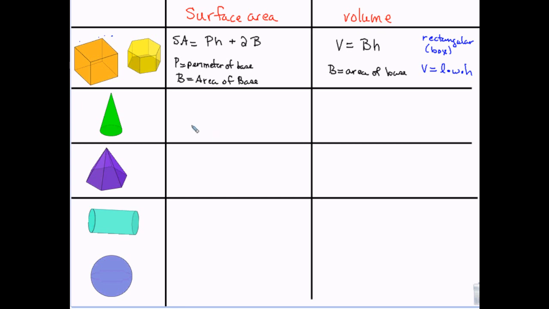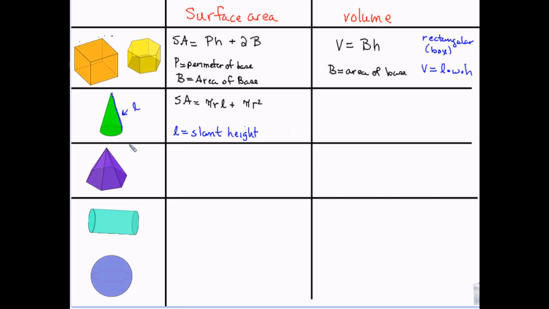If you have a cone, the surface area is equal to pi r L plus pi r squared. And L is what's called the slant height. And that's this length right here. The height that's at a slant, not straight up and down height, slanted height.